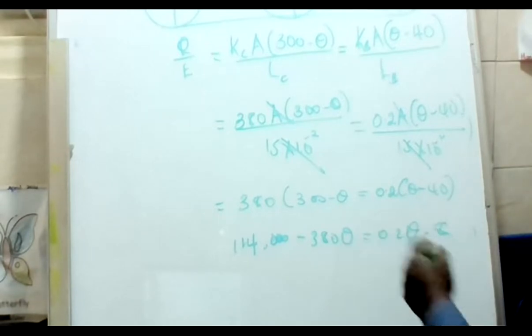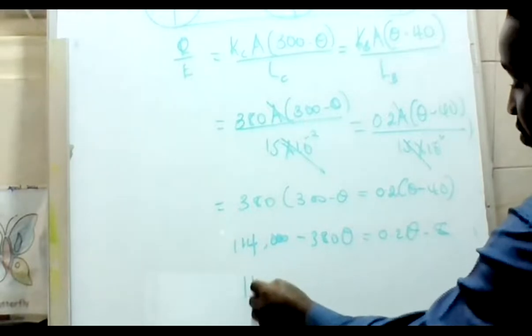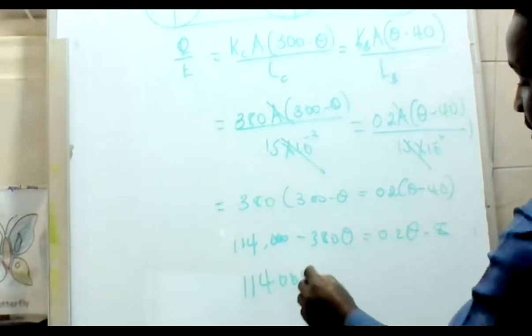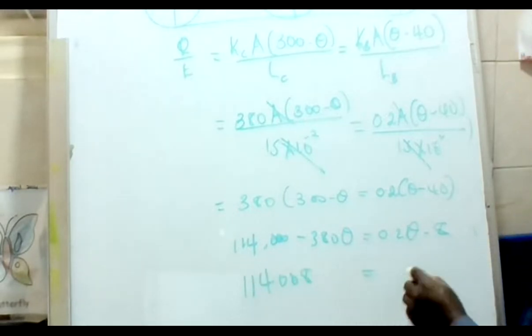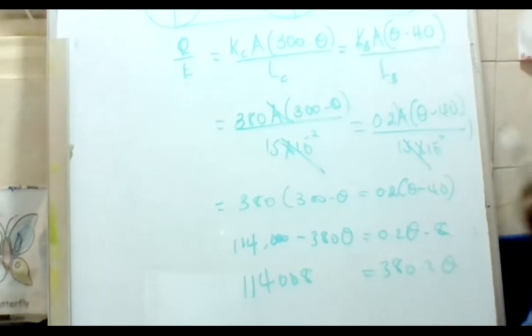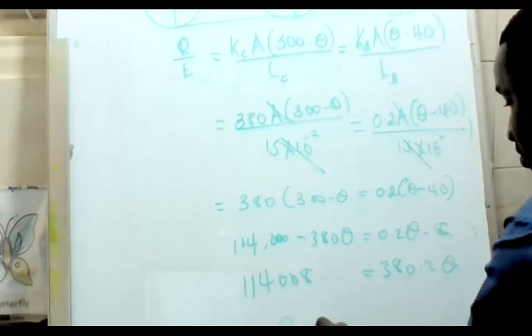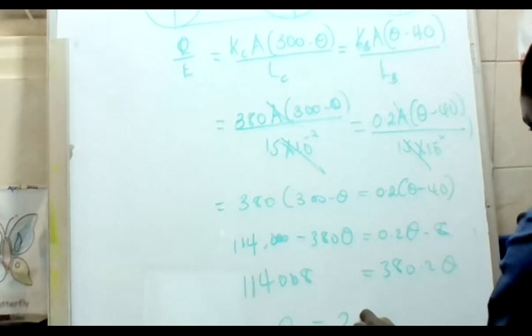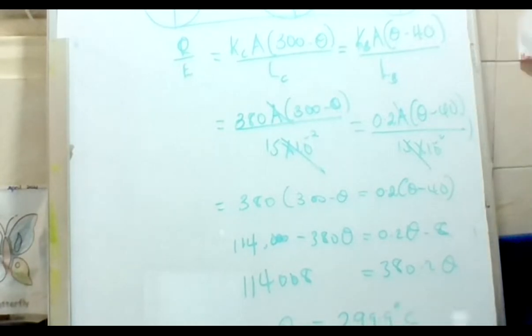Let the like terms come to one side. 114,008 will be equal to 380.2 theta. Then you divide: 114,008 divided by 380.2. So theta is going to be around 299.9 degrees Celsius.